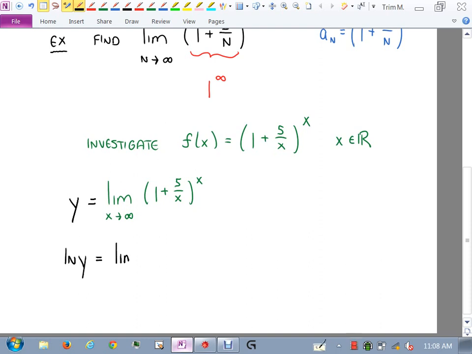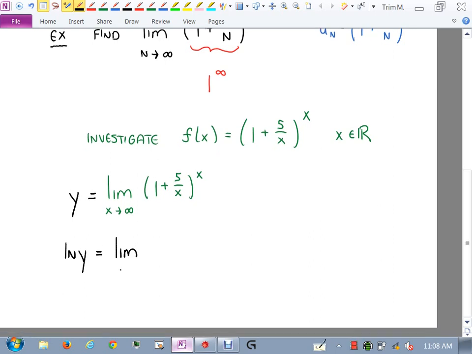We are also going to utilize a property of limits that says if I take the natural log on the left side, I get natural log y. If I take the natural log on the right side, I can pass the natural log through the limit. In other words, the limit can stay outside. And it comes back from Cal 1. There's these things called the limit laws. So I'm going to put a natural log right here, and then I'm taking the natural log of 1 plus 5 over x to the x, and I'm out of room.